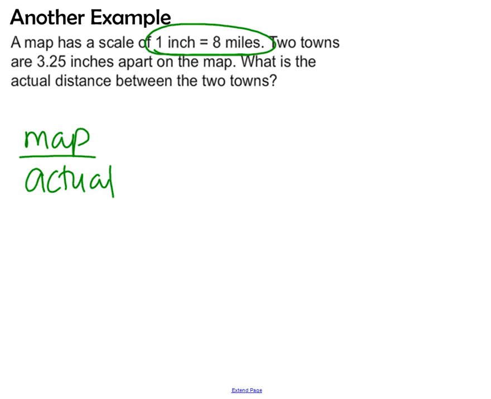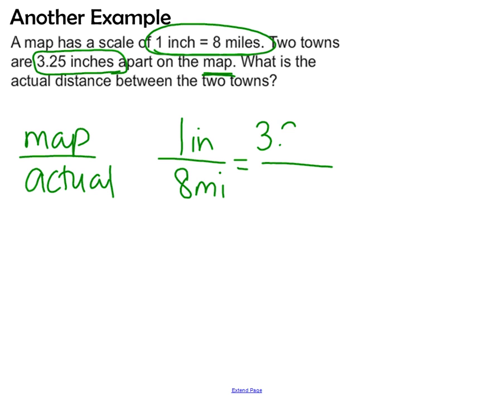So on the map, 1 inch equals 8 miles. We're going to set that equal to another proportion. The other information we were given was 3.25 inches, and that's on the map. So we're going to put 3.25 on top, and we don't know how many it actually is, so we're going to put an x there.